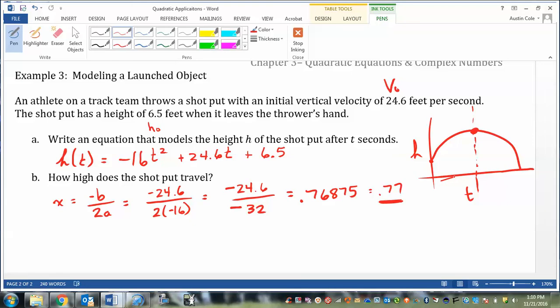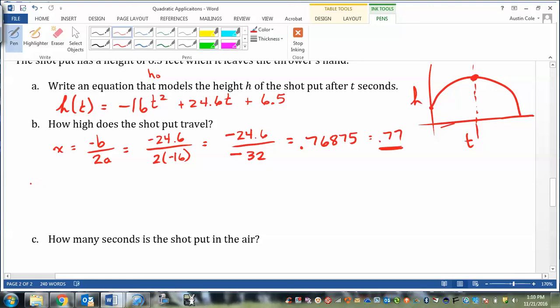Okay? Now, we need to plug that value into the function to see how high the thrower actually threw it. So I'm going to do h of 0.77. So negative 16t squared, and t is 0.77, squared, plus 24.6 times 0.77 plus 6.5.